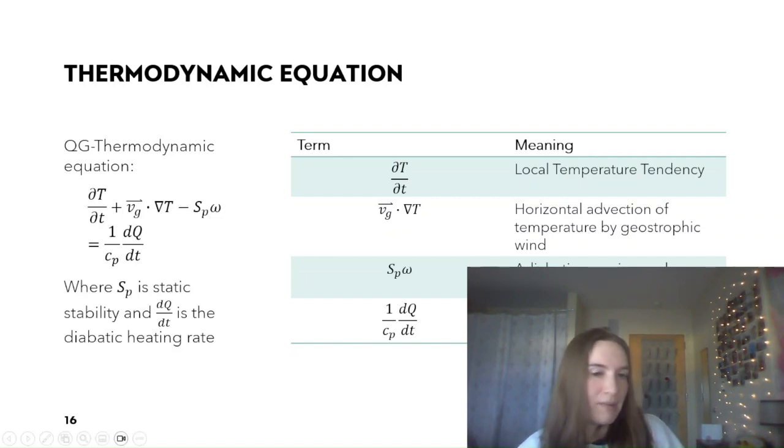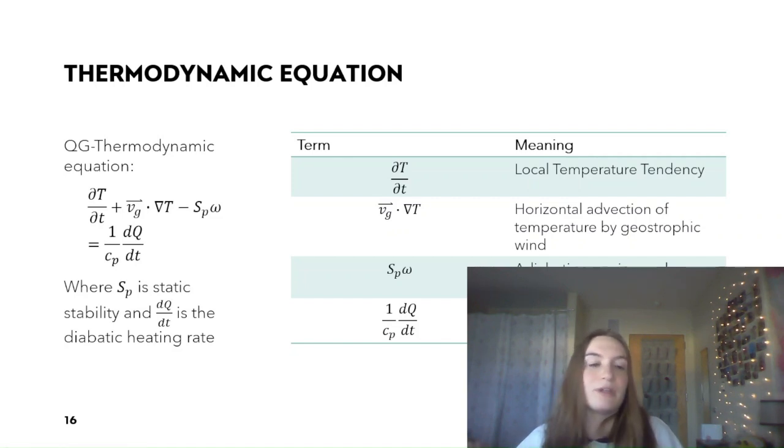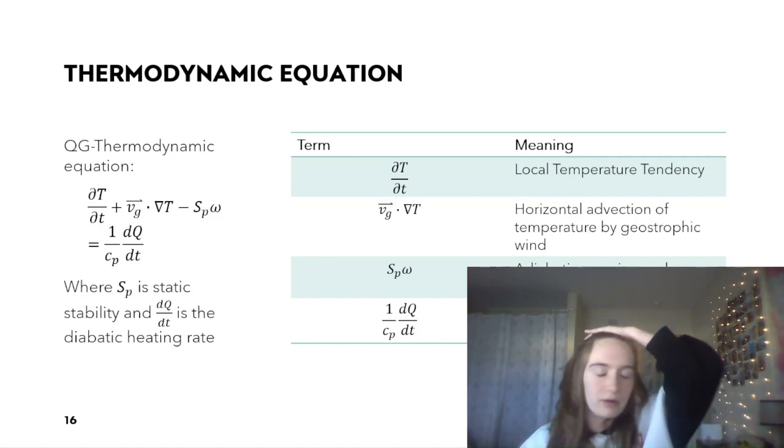So dry adiabatic ascent, omega is negative because we're ascending, results in an air parcel cooling, right? That dT/dt is going to be less than 0. If omega is negative and S_p is positive, that makes that term negative.